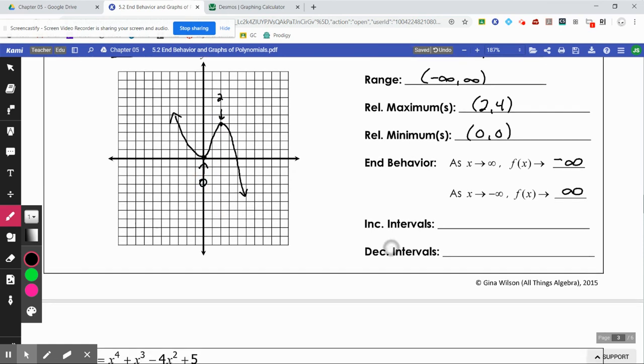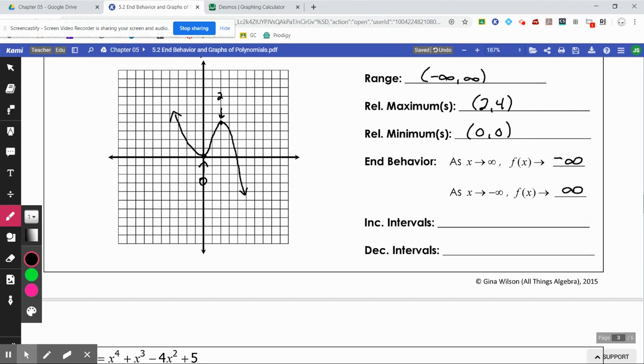So my function, you always read this from left to right, goes downhill until it gets to here. So it goes downhill from negative infinity up until it hits 0. Now notice the interval negative infinity to 0, I'd put a parenthesis around 0. I don't include it. Why don't I include it? Well, think about what's about to happen.